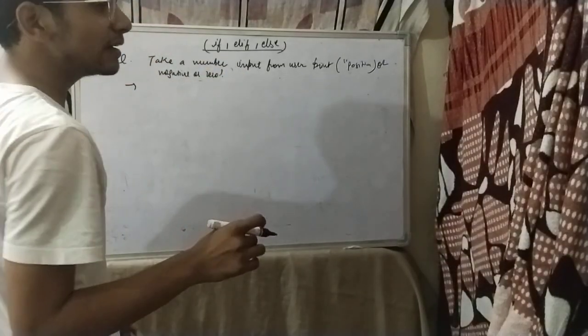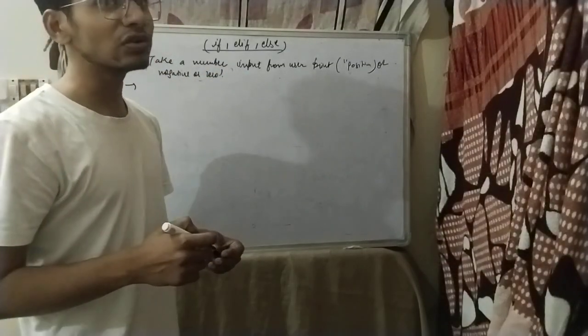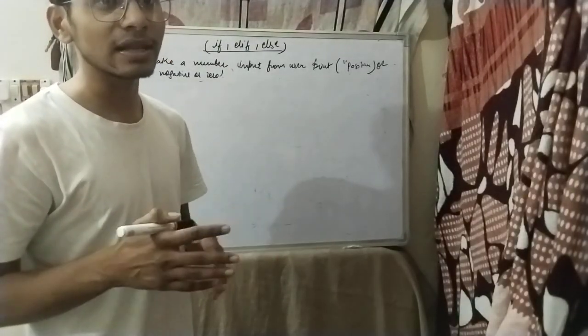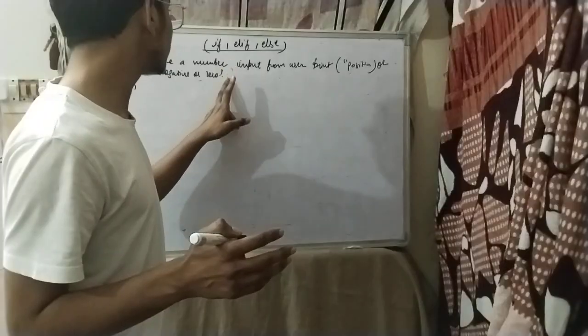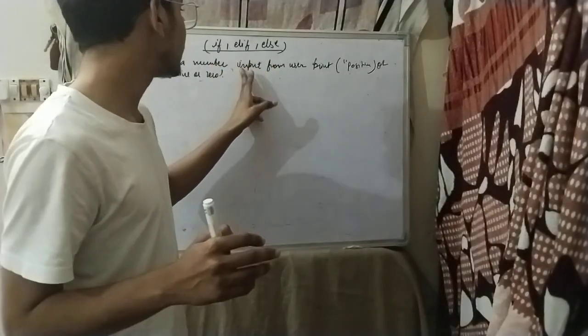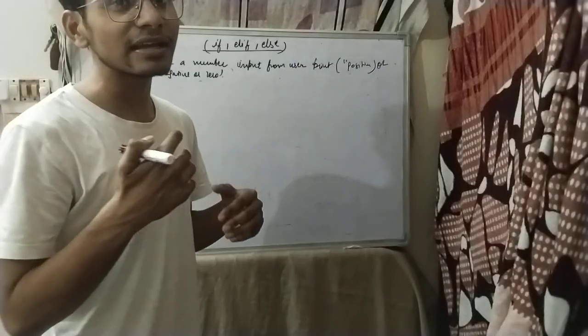How can we do this? Last time in for loop we used range. We found the range from 1 to 10, or according to the question. So the question is saying that take a number from input. How can we take input?